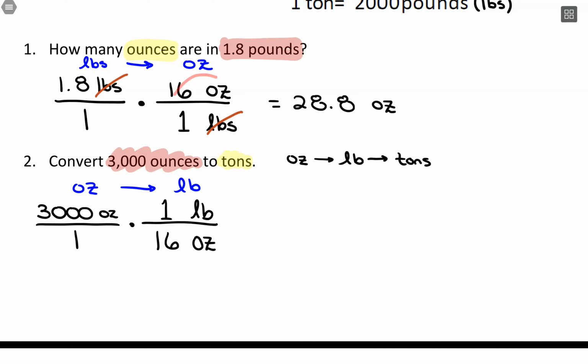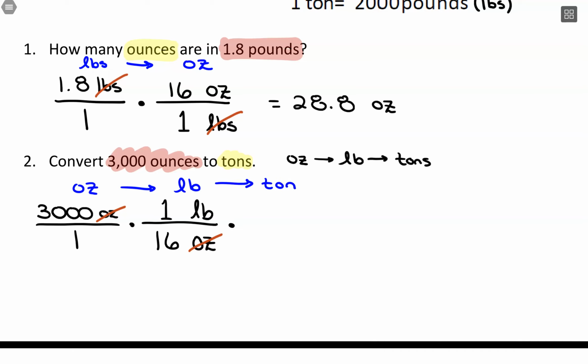So notice that while these are the same kind of unit fraction, they're both equal to 1, we use a different order because up here we wanted to cancel out pounds, so we needed that 1 pound in the denominator. And here we need to cancel out ounces, so pounds would be in the numerator instead. All right, so with that setup, ounces would cancel out and we'd have pounds. But then we want to convert to tons.